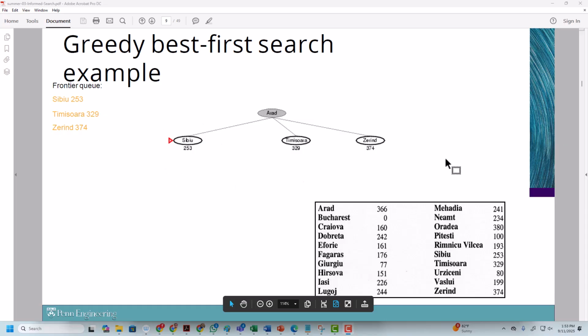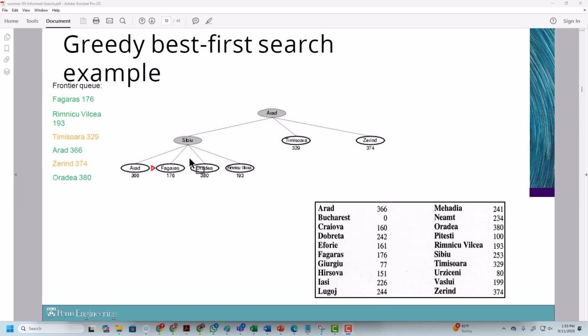So among them, Sibiu is the closest among those first-level children. Now we expand Sibiu and we get Arad, Fagaras, Oradea, and Rimnicu Vilcea. You have to understand we have again expanded Arad because it's a tree search algorithm and we need to lay out all the possible nodes.